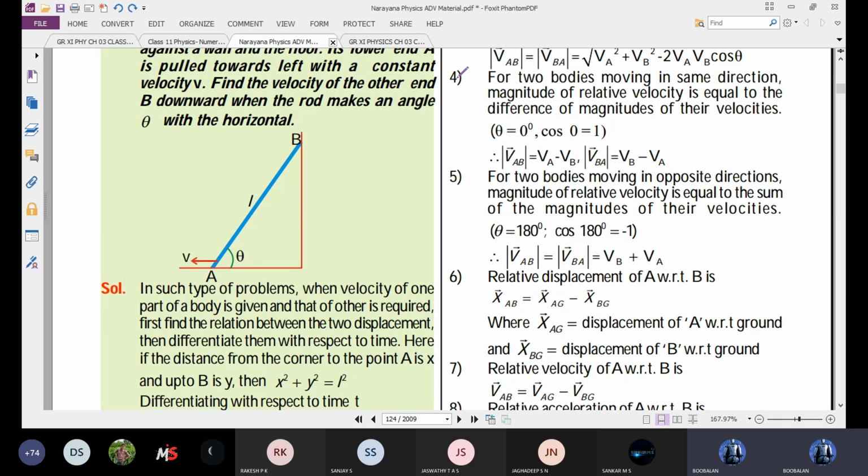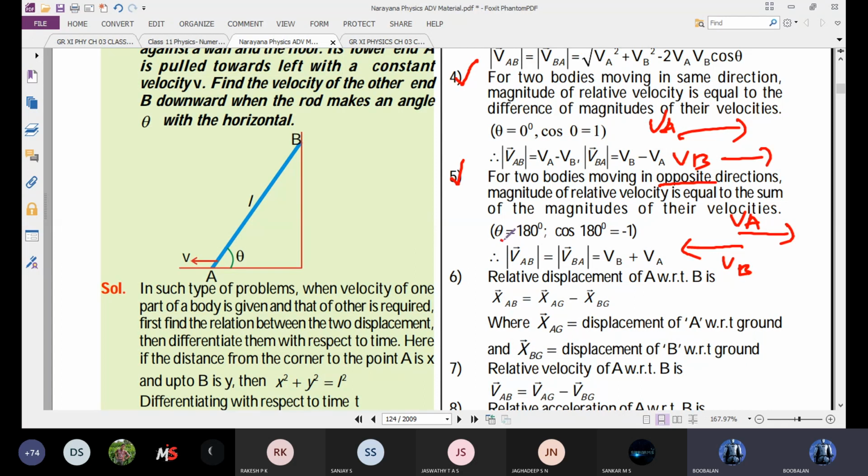Fourth condition done. Fifth condition: two bodies moving in opposite directions. Before, we studied the same direction. For example, VA is on the left side and VB is on the right side. Then what about the angle?